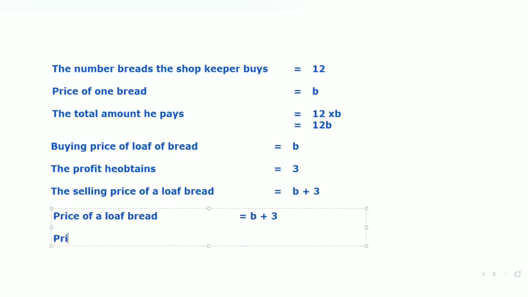Then we'll find the price of 500 grams of sugar. Sugar, they have given that 1 kilogram is equal to 80 rupees. They have given as information that 1 kilogram of sugar is equal to 80 rupees, right?